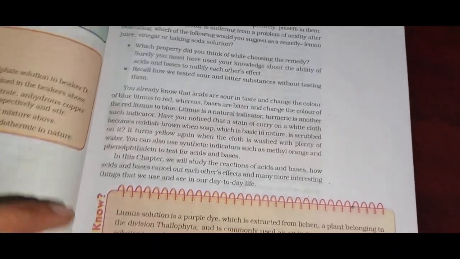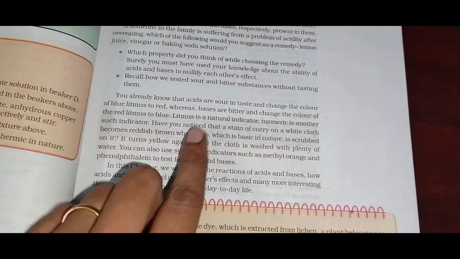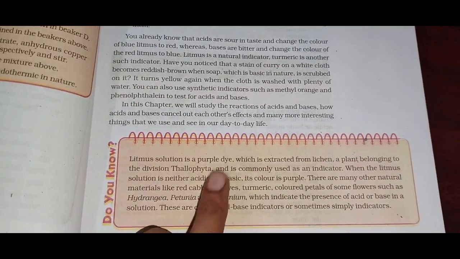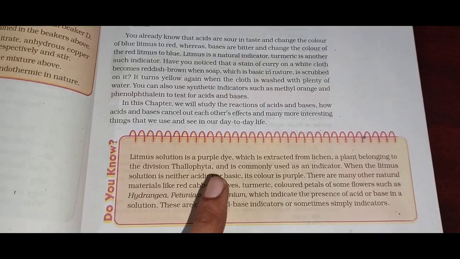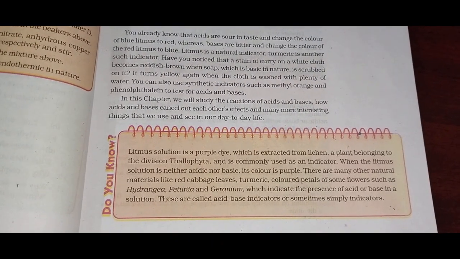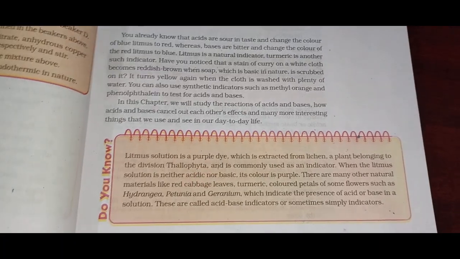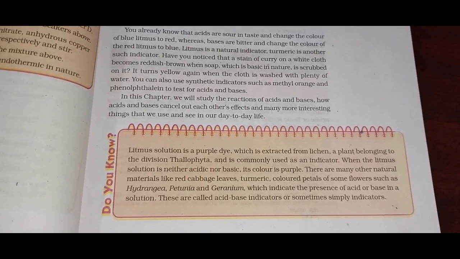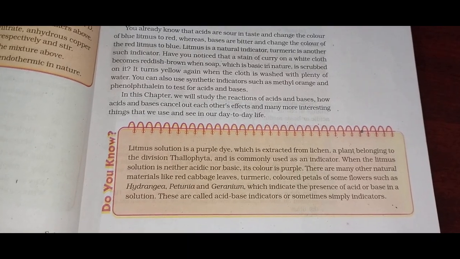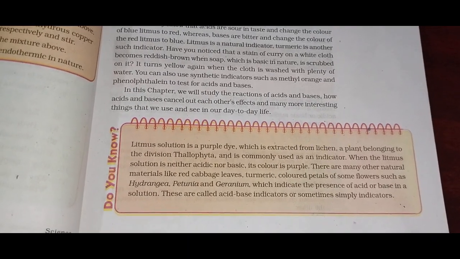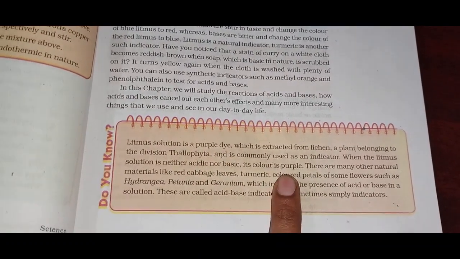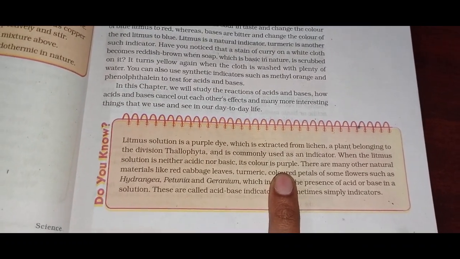I already told what litmus is. It is a natural indicator. Litmus solution is a purple dye, extracted from a lichen, a plant belonging to the division Thallophyta, and it is commonly used as an indicator. When the solution is neither acidic nor basic, it remains in its natural purple color.